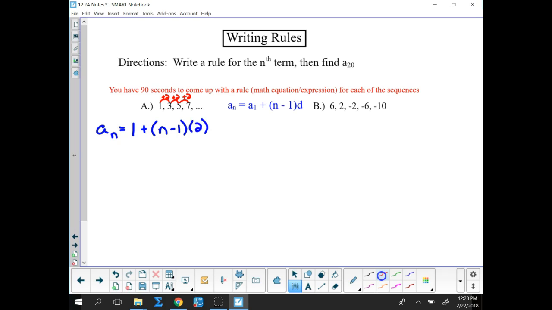Now, I would accept that as a rule, but I like it better if you wrote it like this. Because then that number is out in front, and we like to have that stuff out in front of our parentheses, right? But I'd like it even more if you wrote it like this.